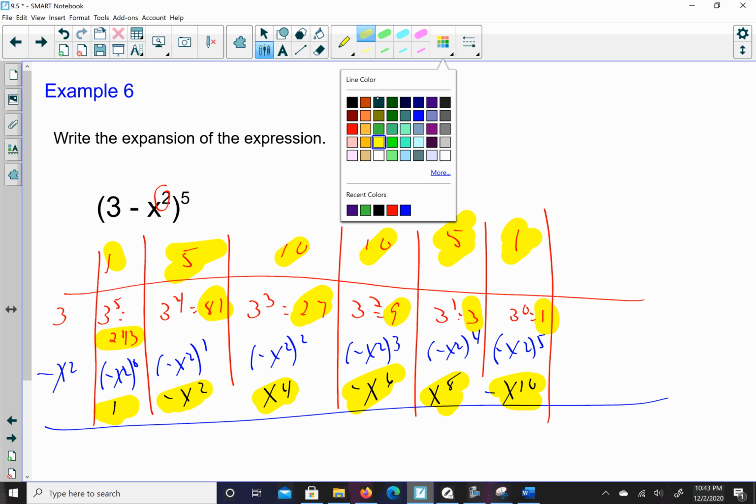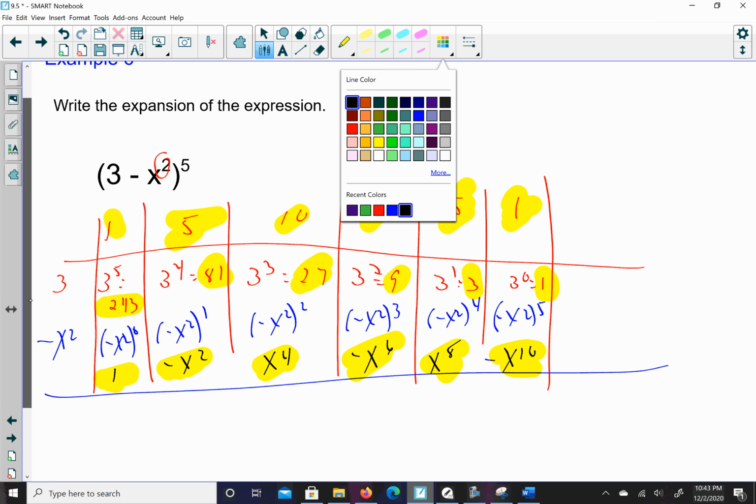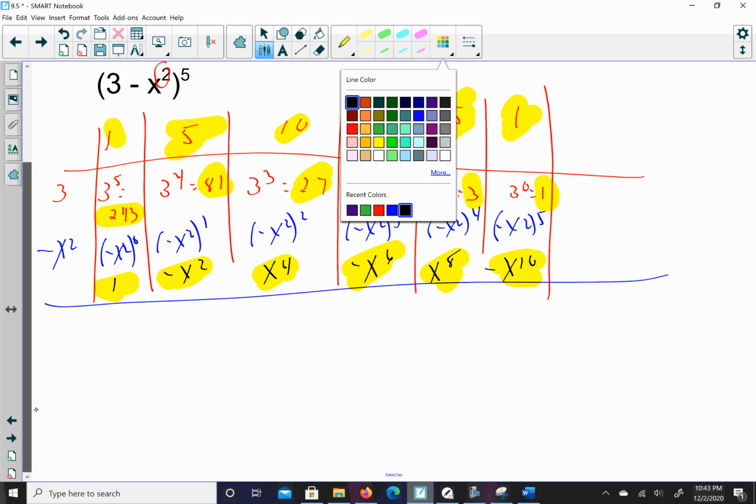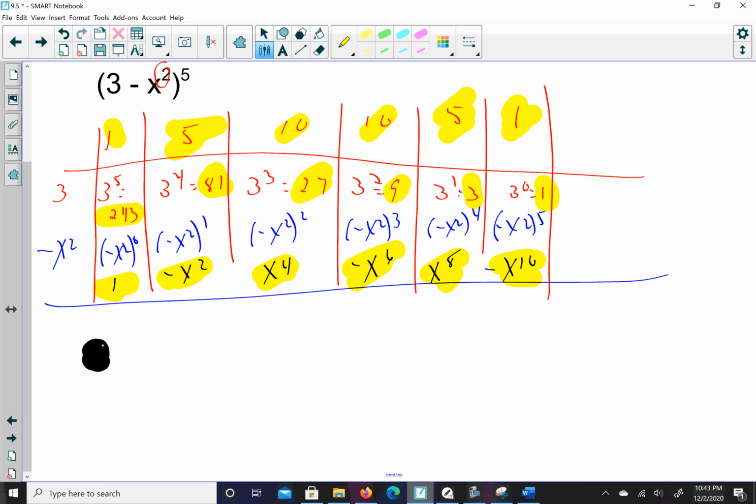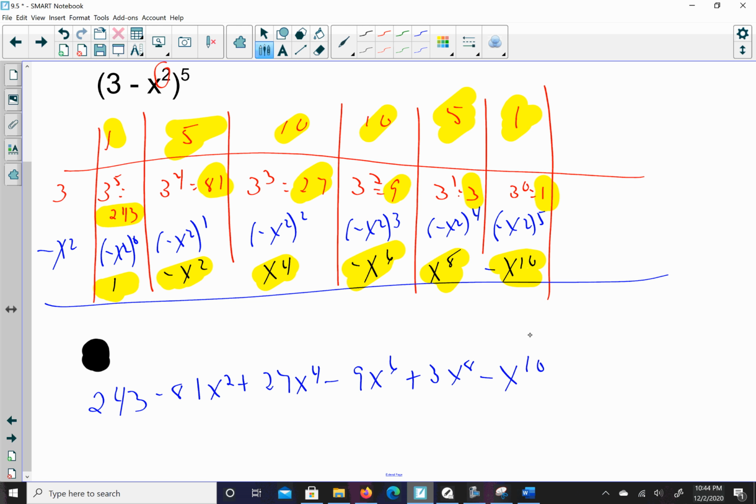And so my final answer when I do this binomial expansion is going to be 243 minus 81x squared plus 27x to the fourth minus 9x to the sixth plus 3x to the eighth minus x to the 10th.